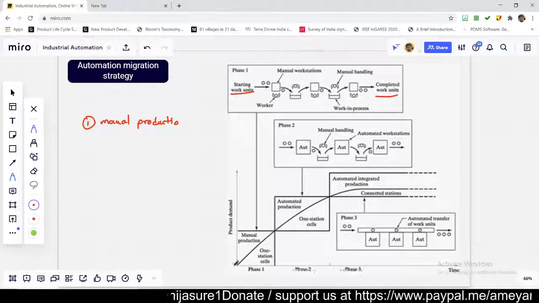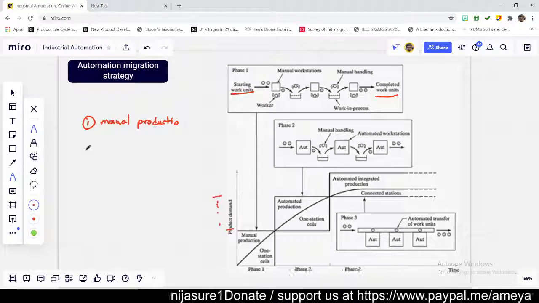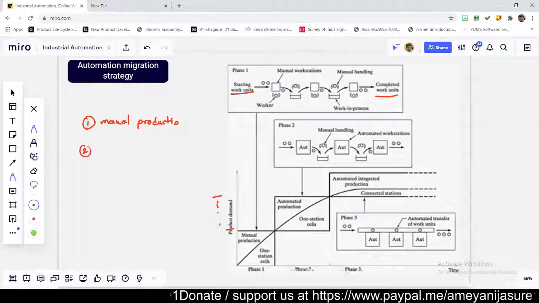The problem with this is you get low production rates and limited components from this system. Once the product is popular in the market and your product demand goes on increasing, then you can shift to the second phase, that is called the automated production system.